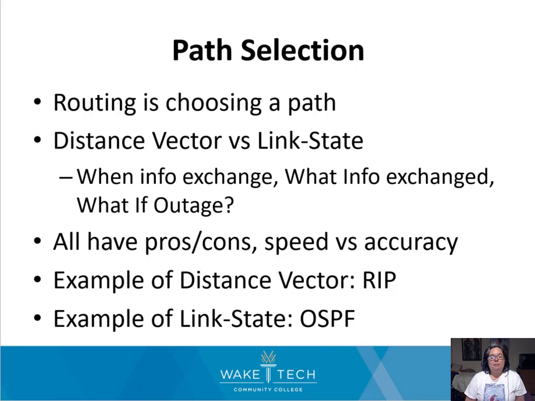The big difference between the two is how information is exchanged, where it is stored, how much it saves, and if one of these devices goes down, how it figures out the new route. They all have pros and cons like anything, and I'll give you an example of each. Distance vector is RIP, and link state would be OSPF.